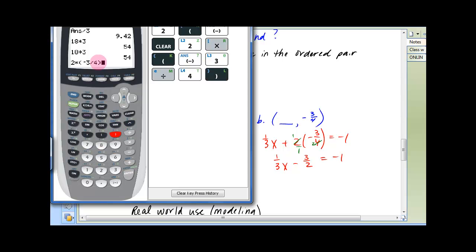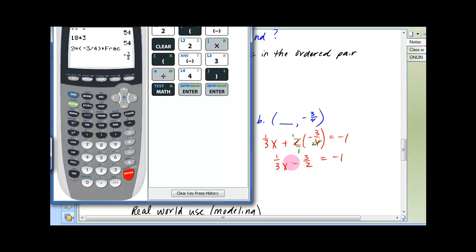Now I have to surround this -3/4 with parentheses in order for the calculator to know it's a fraction, and I want it to give me back a fraction. Even though I know this is -1.5, I want to show you that. I can hit Math. Frac is already chosen for me, so I hit enter, enter, and I get back the fraction -3/2, which is what I have here.